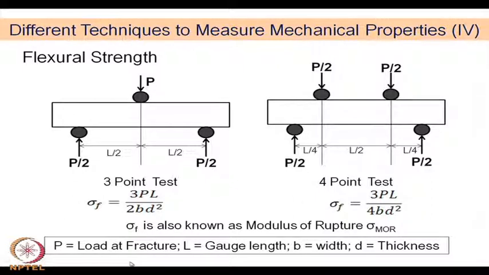So once again, from these two expressions, one is 3 P L by 2 B D square, and here it is 3 P L by 4 B D square. P is the load at fracture, L is the gauge length, the distance between these two supports, B is the width of the specimen which is not seen here, and D is the thickness.